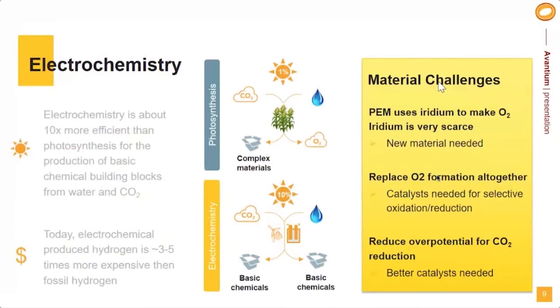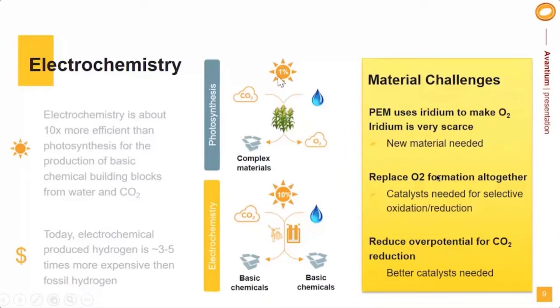Electrochemistry, and that's what we're working on in our Volta program, is about 10 times more efficient than photosynthesis. Here in the middle, you see photosynthesis. From CO2 and water, plants can make very complex materials, for example, sugars. And as byproduct, they make oxygen. The efficiency of solar energy to complex materials is around 1%.